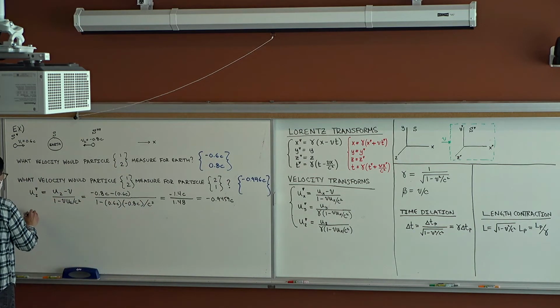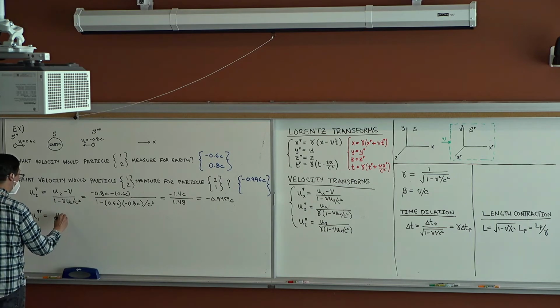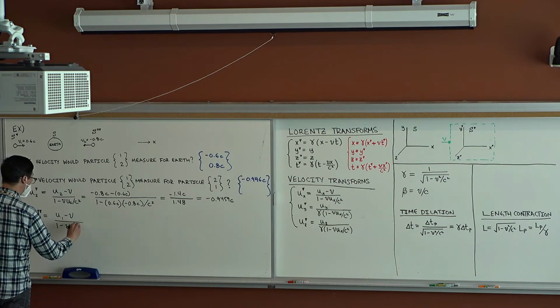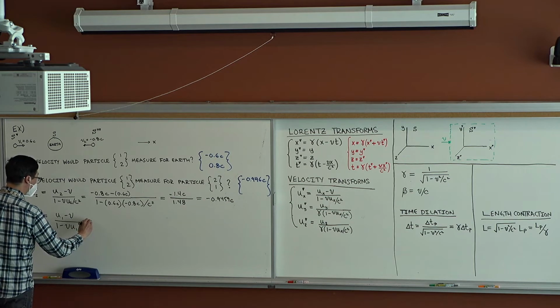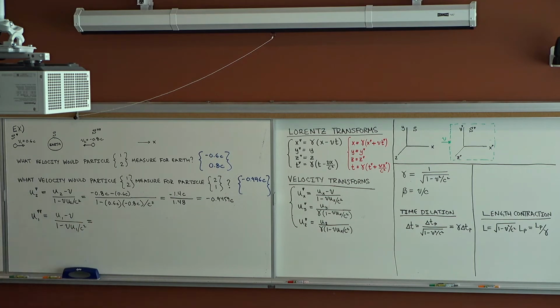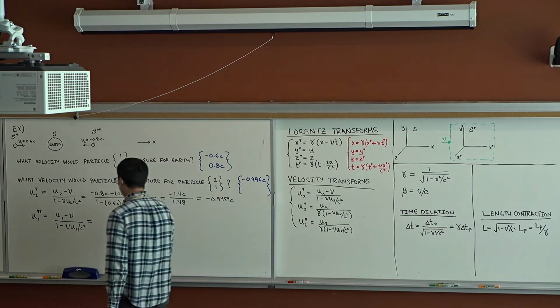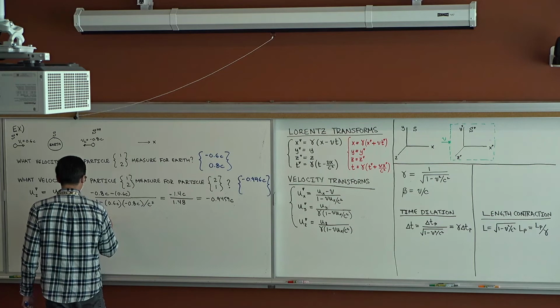So help me write this one out. Well, this is going to be u1 double prime is equal to u1 minus v over 1 minus v u1 over c squared. Okay, so let's plug in values. What's u1? 0.6 c.